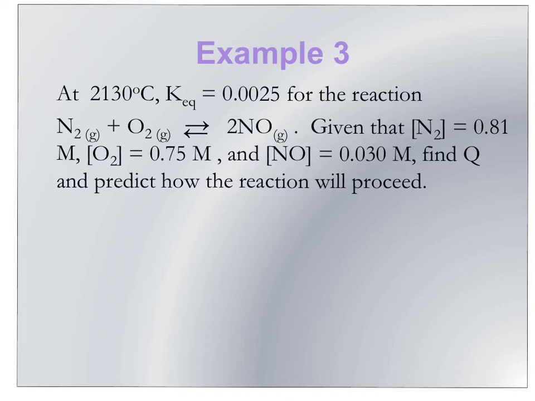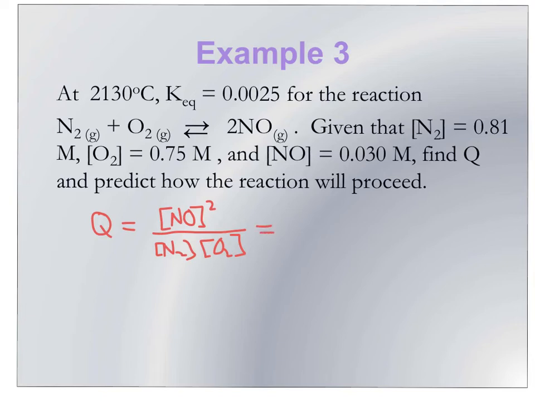So if they want Q, we write our Q expression first. Q is the concentration of the products, so the concentration of NO squared, over the concentration of the reactants, so N2 raised to the first power, times the concentration of O2 raised to the first power. That's the expression.